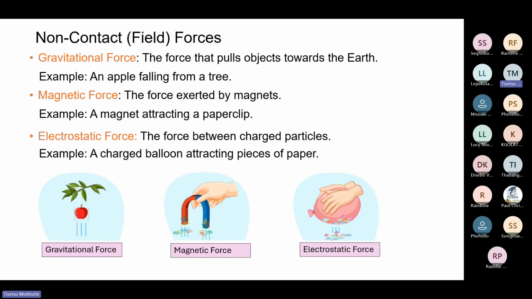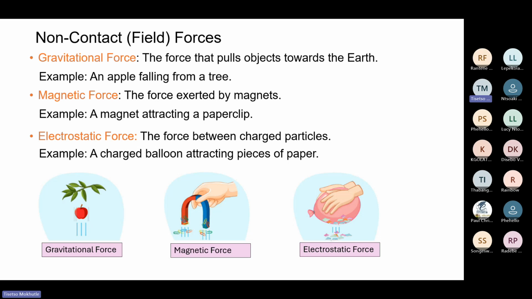Now, then the non-contact forces, meaning the forces that can act over a distance. Gravitational force is one of those forces. The force that pulls objects towards the earth. An example is an apple falling from a tree. If a bird is picking on a branch and then the apple falls, it will go down being pulled by gravitational force.